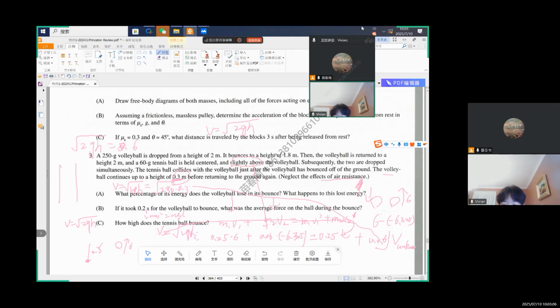It's difficult to think about conservation of momentum, right? But it's a collision. Normally, whenever a collision happens, we use that. Does that make sense? Mm-hmm. So we have to use it.